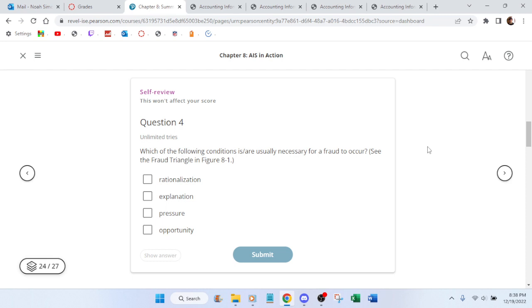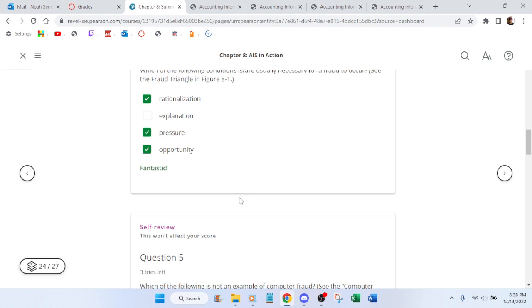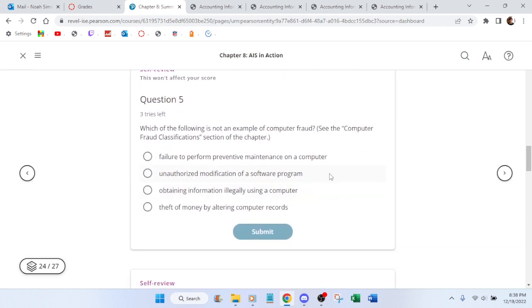Which of the following conditions are usually necessary for a fraud to occur? Which of the following is not an example of computer fraud? Wow.